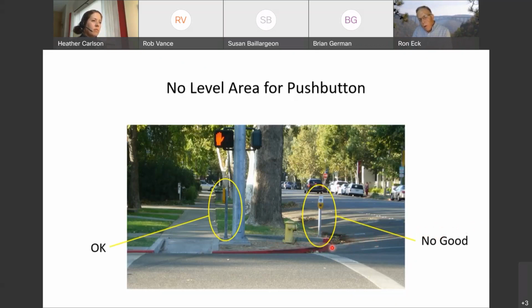And so PROWAG says the maximum grade of this crosswalk, which becomes then the cross slope of the street, is 5%. As I said, I think this greatly exceeds that. This looks pretty darn steep, but that's a long answer to your question. Hopefully I answered that, but the maximum gradient here would be 5%.